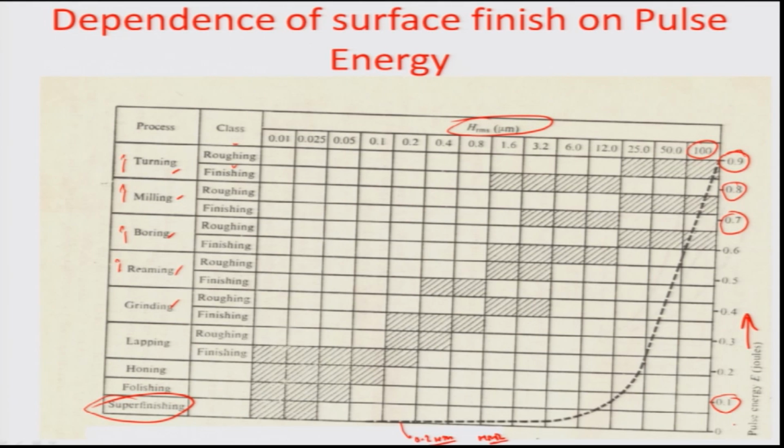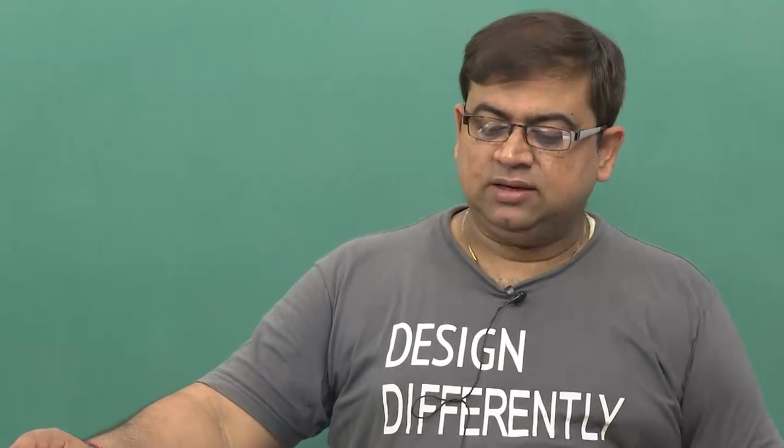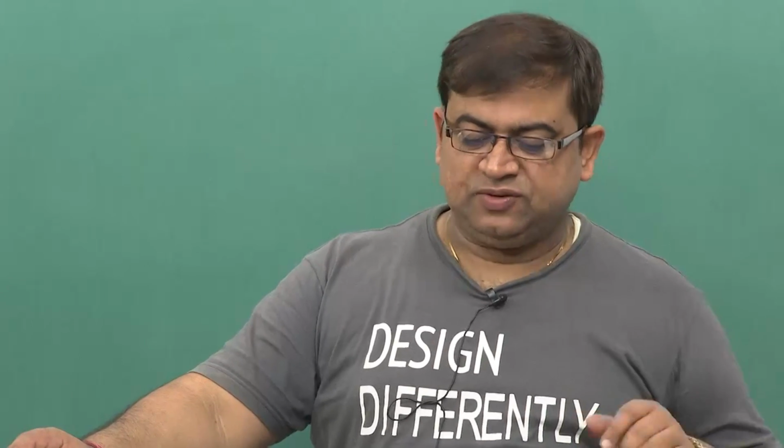And so, typically in electro discharge micro machining, when we talk about really more like a surface finishing issue rather than material removal issue, we can use such low pulse energies to create surfaces equivalent to almost super finishing processes.